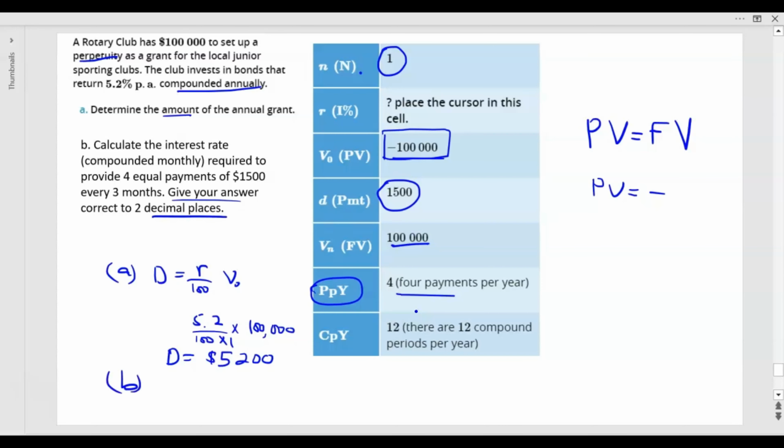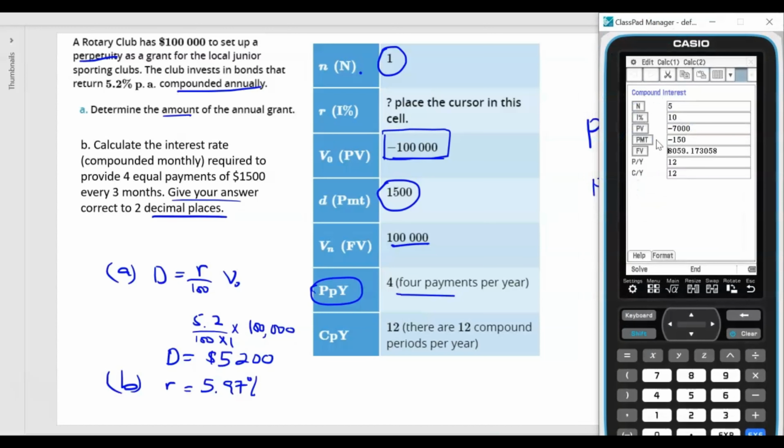So for B, the R value we got was 5.97%. I have to use this one here and could do the same thing again. Just keep it at 1, because it's perpetuity. We're finding the interest rate in that case, so it's minus 100,000, and this is positive because it's an investment.